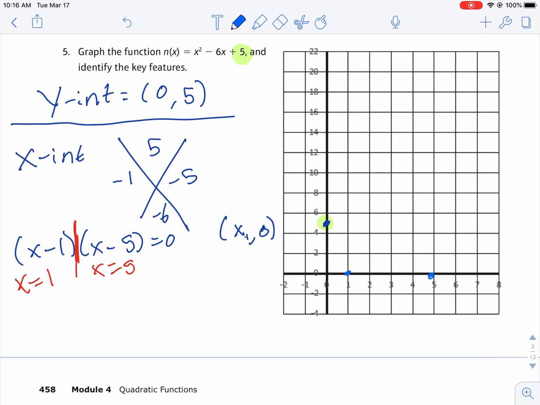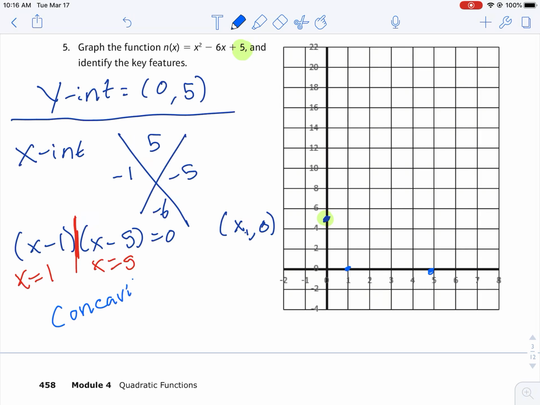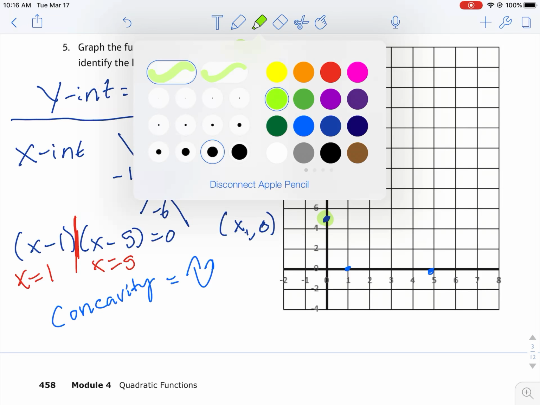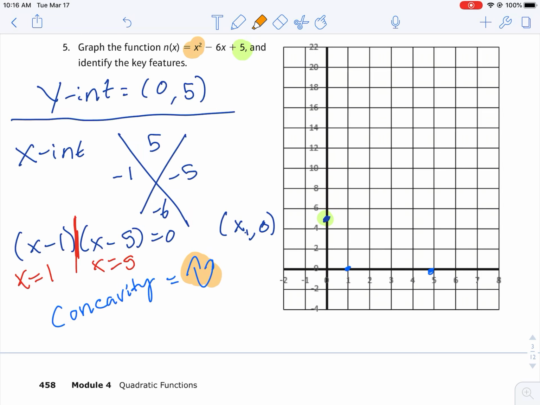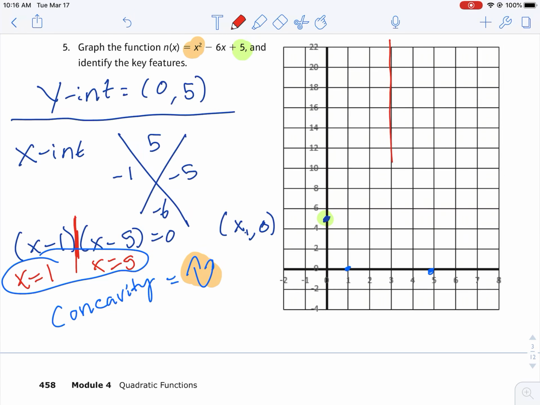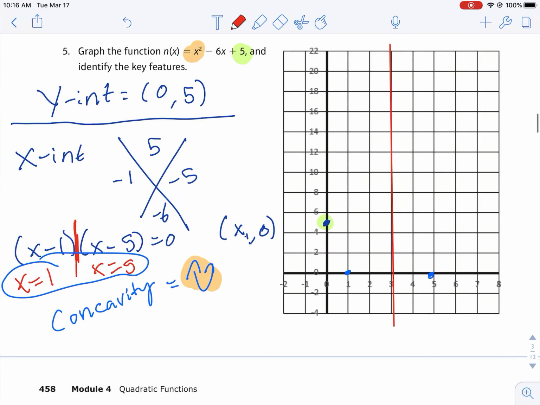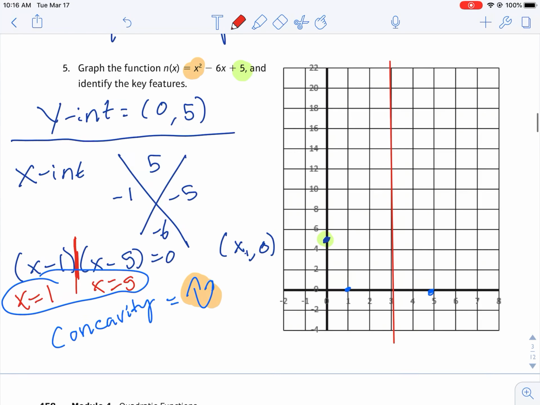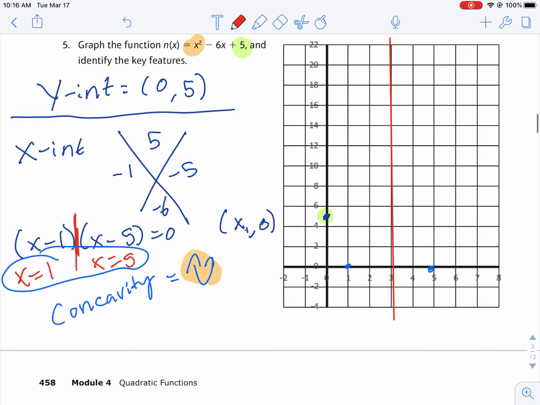Okay, and we also know concavity is going to be upwards since this is positive. We know that since we have our two x-intercepts at 1 and 5, our vertex and our line of symmetry are going to be through x equals 3 because a parabola is symmetric. So since we know our vertex has an x coordinate of 3, I can plug that in to figure out the y coordinate.